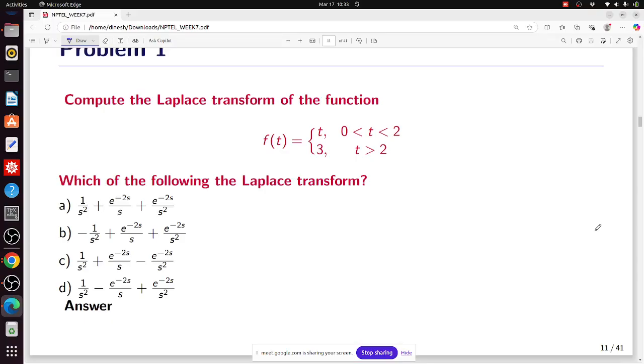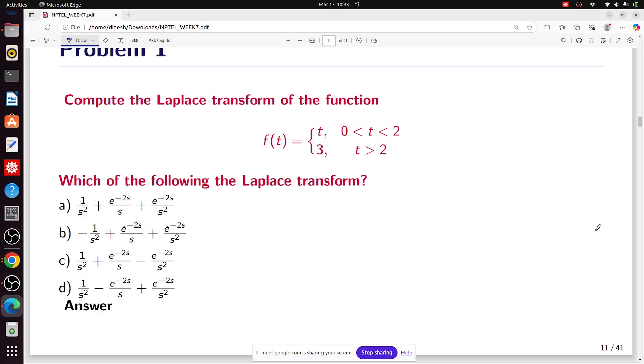So let's look at the first problem. It's: compute the Laplace transform of the function f(t), which is t when t is between 0 and 2, and 3 for t greater than 2.